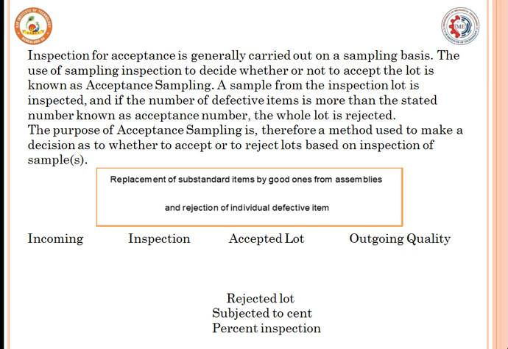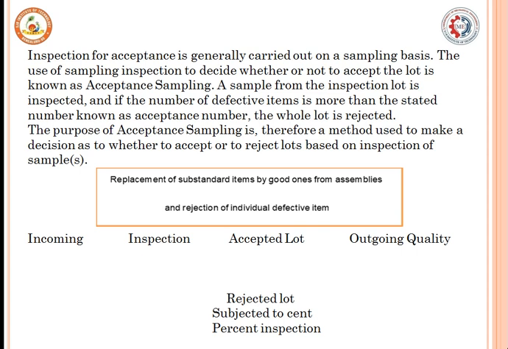Inspection for acceptance is generally carried out on a sampling basis. The use of sampling inspection to decide whether or not to accept the lot is known as acceptance sampling. A sample from the inspection lot is inspected. If the number of defective items is more than the stated number, known as the acceptance number, the whole lot is rejected.